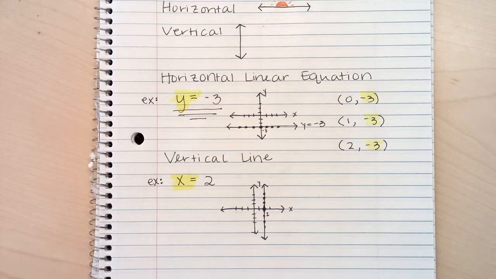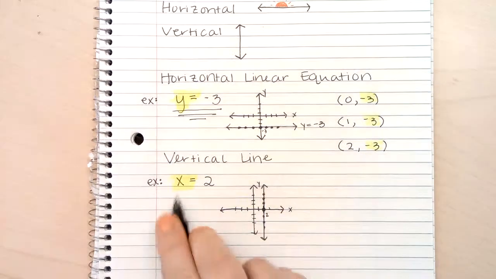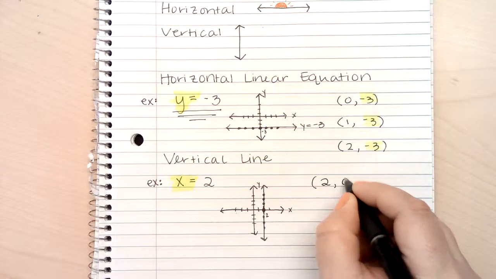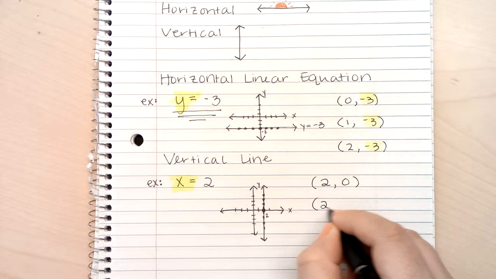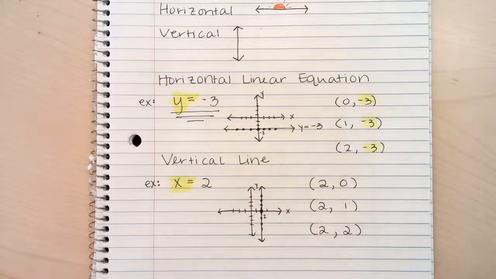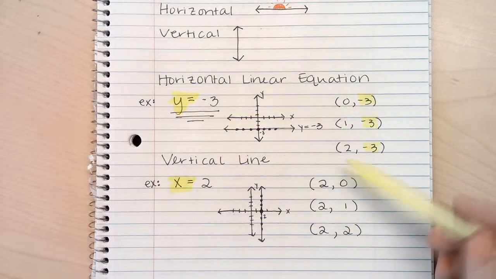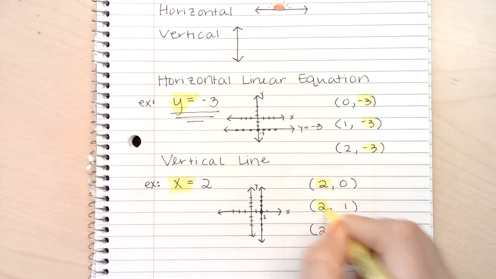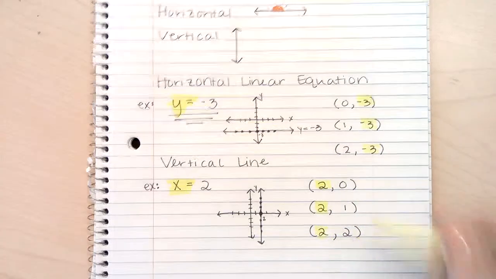For the vertical line, it would look like this. This x equals 2. X is always 2. Y changes. These are examples of what the ordered pairs might look like. So notice that the x value is always 2 and the y value changes.